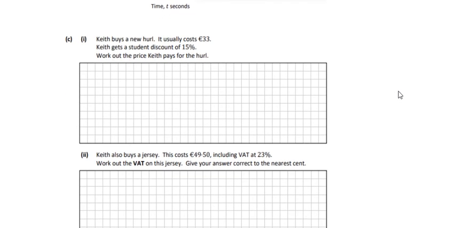Part C then, he buys a new hurl, so it's a new type of problem again. It usually costs €33, but Keith gets a student discount of 15%. So all we have to do here is find out what 15% of 33 is. So 33 times 15 over 100 or times 0.15. You just put that in your calculator and that'll tell you his discount.